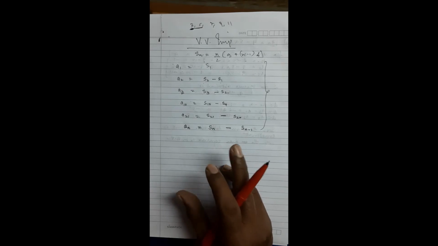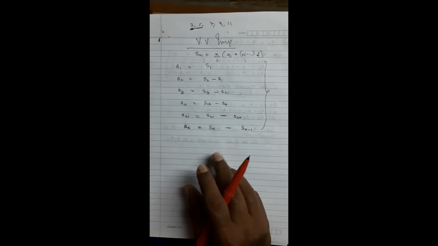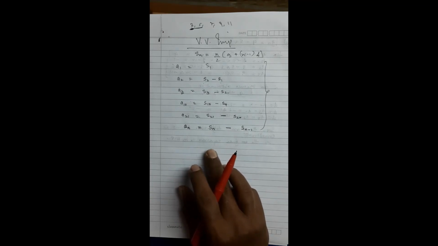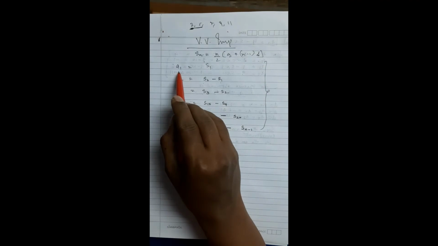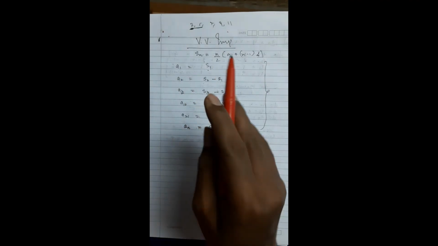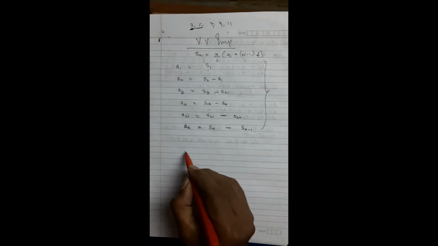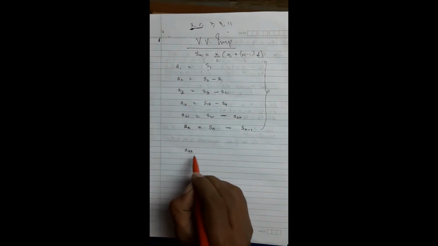If any tricky question is asked, they always prefer to try to trick you somewhere over here, because there are not many questions on this topic. You have to understand this: A1 is always equal to S1, and then A2 is equal to S2 minus S1. Even if they ask you A99, what will you find?